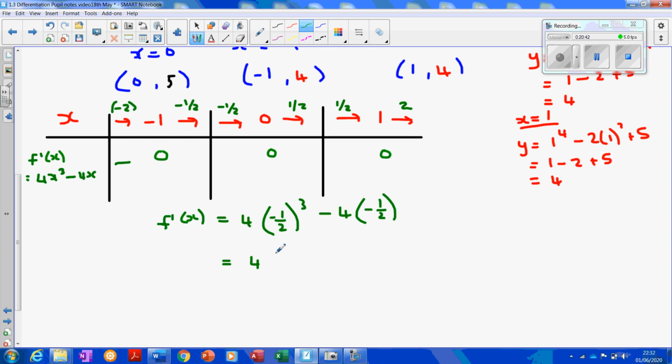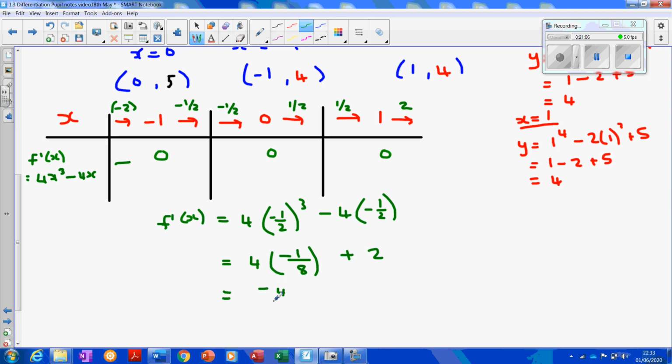So that would be 4 times minus a half to the power of 3. Minus 1 to the power of 3 is minus 1, and 2 to the power of 3, 2 2s are 4, 4 2s are 8. Okay, and minus 4 times minus a half is going to be plus 2.